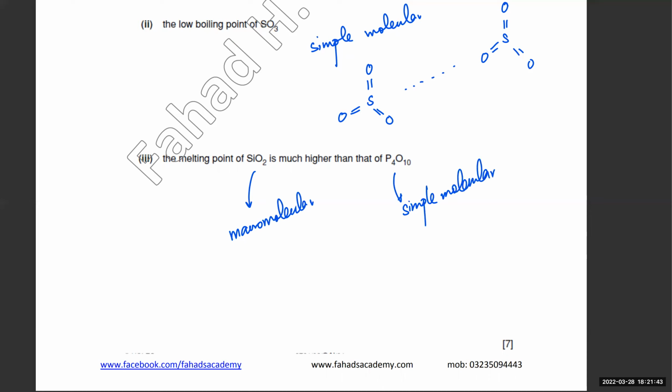As a macromolecular, when you melt them, you're breaking strong covalent bonds. Simple molecular, when you melt them or change state, you're overcoming or breaking the weak van der Waals forces or intermolecular forces.